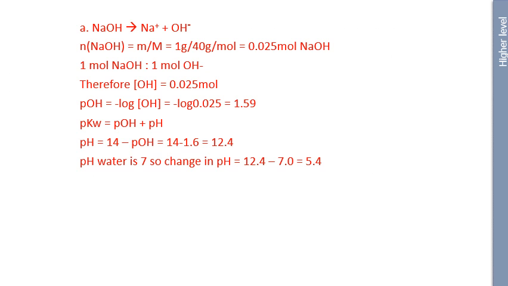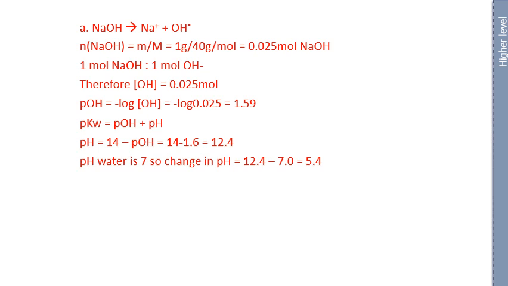Okay, so the first thing we have to do is work out the pH of the sodium hydroxide solution when 1 gram is added. So we work out the number of moles of sodium hydroxide, which will be equal to the moles of hydroxide being formed, because that's what happens when it dissociates. Therefore, the number of moles of hydroxide is 0.025 mole.